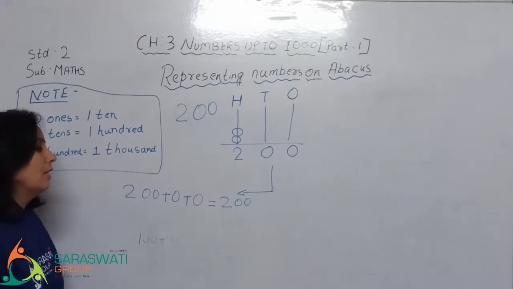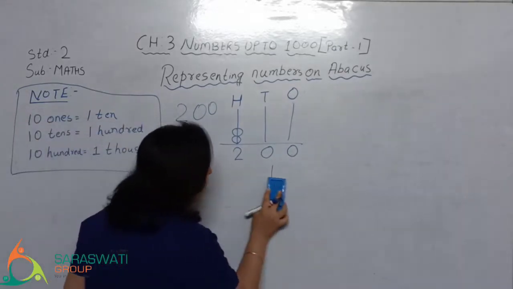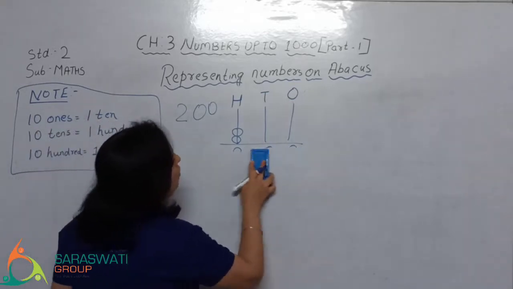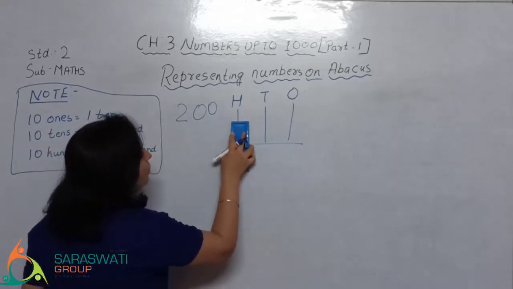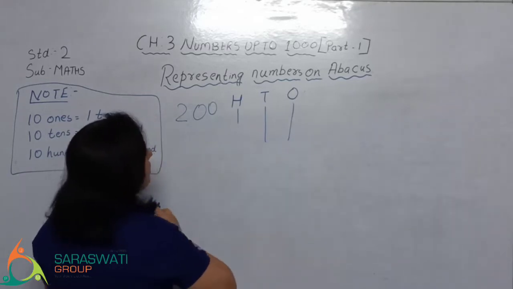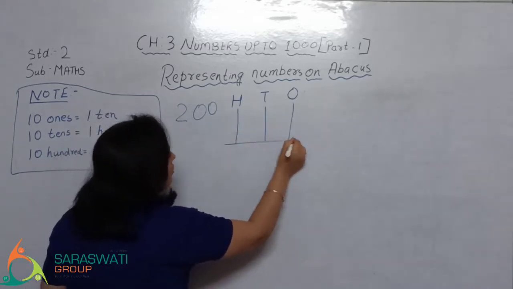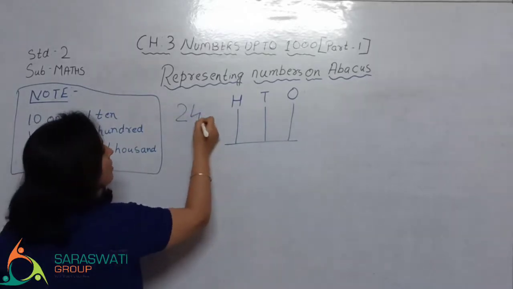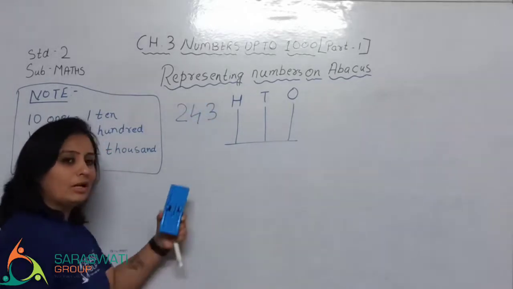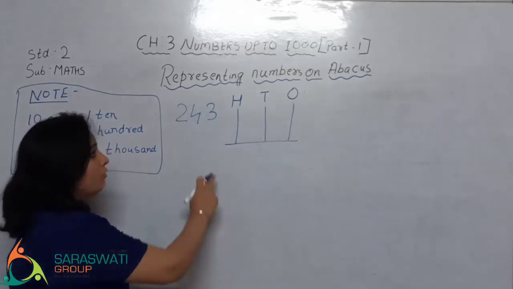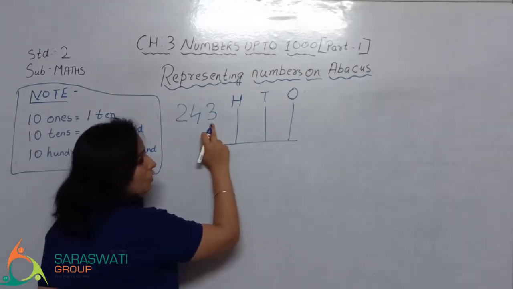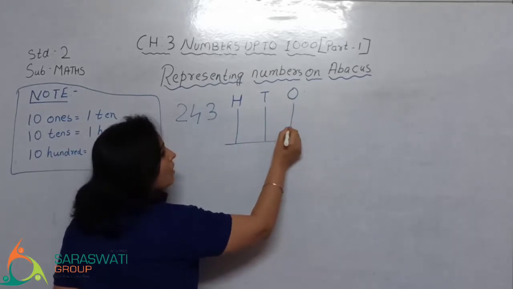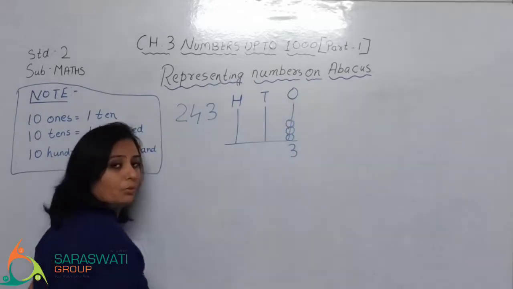Right? Now, after 200, suppose I am taking 243. Let me write it. How will I show it? So, first at ones place, 3. So, 3 and how many beads? 1, 2, 3. Right?